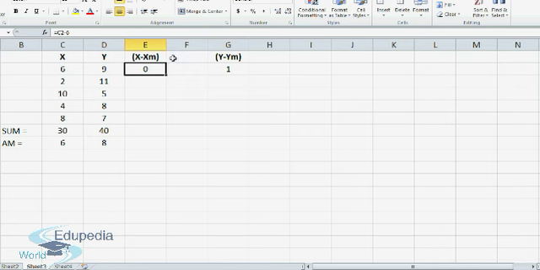Okay, next I need the square of this. X minus the mean of x raised to power 2, and y minus the mean of y raised to power 2.